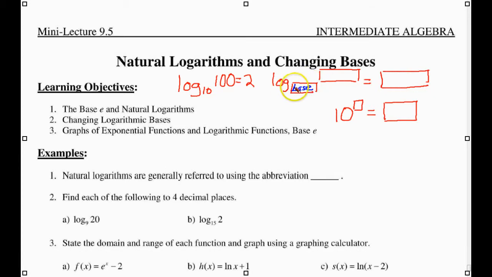If you want to take notes, this is a good little summary of a lot of what we've been doing in chapter 9. And over here, we're calling this our answer. And then we said that this equals some exponent.